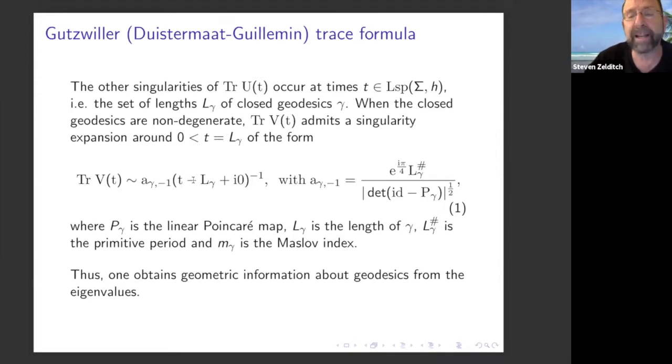So it's e to the i pi over 4 times the Morse index. I somehow left the Morse index out. And then you have the primitive period. And in the denominator, you have the determinant of 1 minus the Poincaré map. Because time is limited, I'm not going to review all these definitions, but the Poincaré map is the derivative of the first return map in a little symplectic cross section next to the geodesic flow. So in any case, this is the basis for all inverse spectral theory of the Laplace operator, or these spectral invariants.